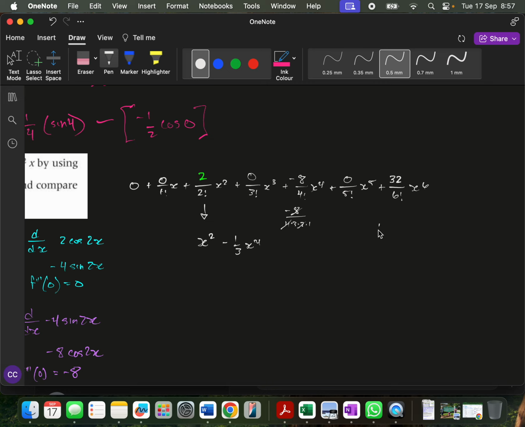This here turns into 6 times 5 times 4 times 3 times 2, and the 32 on top. Those go, I'm left with 4, that turns to 3, that goes to 2. So 3 times 3 times 5 is 45.